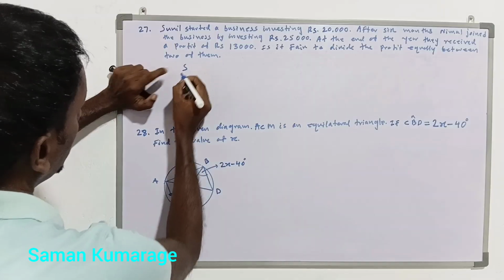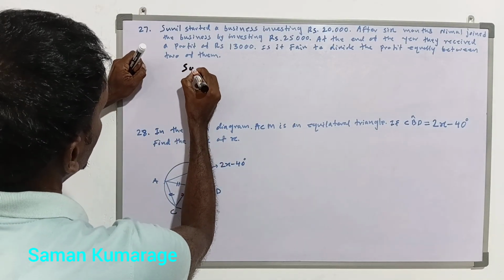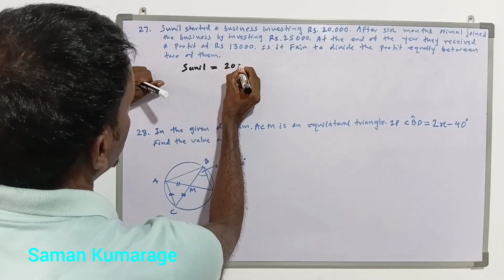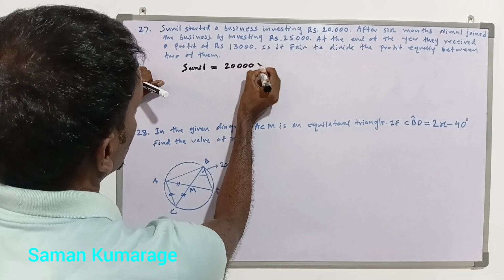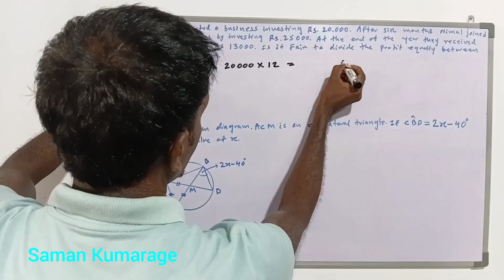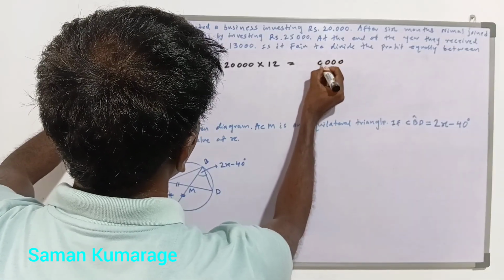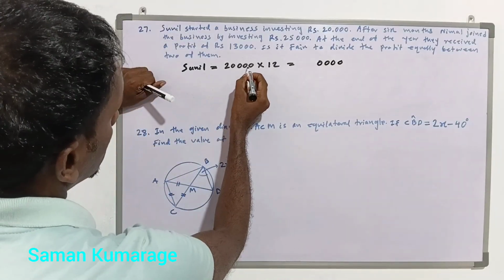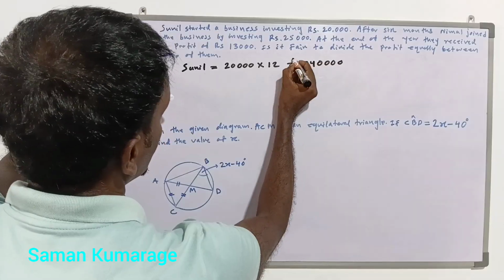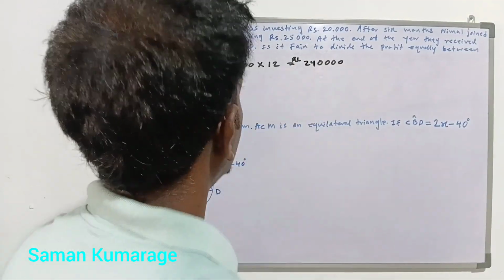Therefore, we can write Sunil equals 20,000 multiplied by 12 equals, 4 zeros and 12 times 2, 24. That means 240,000.